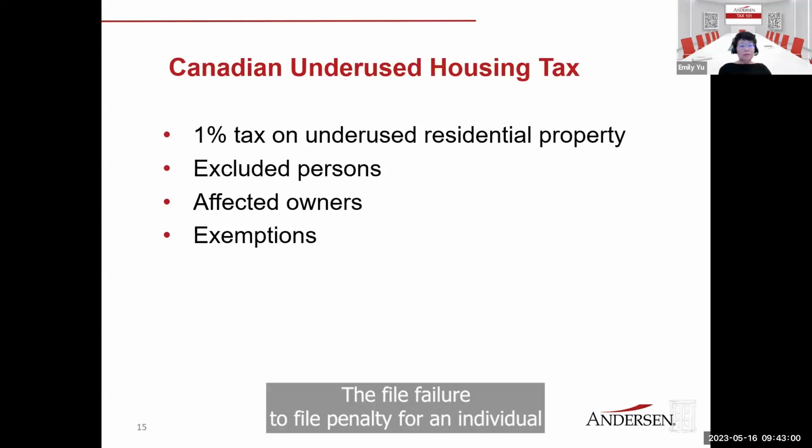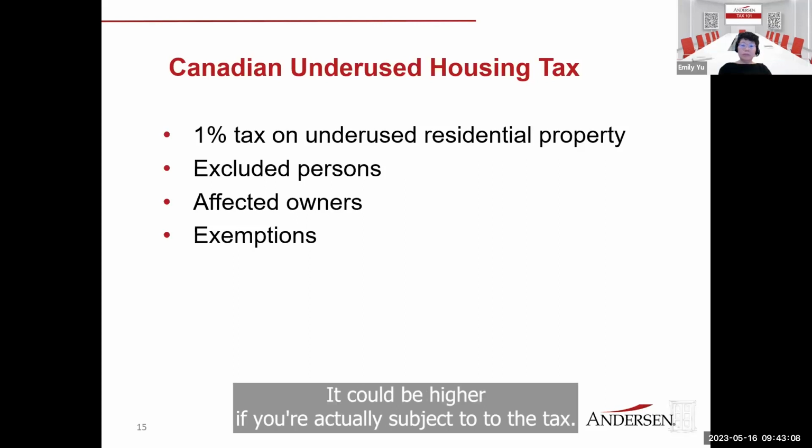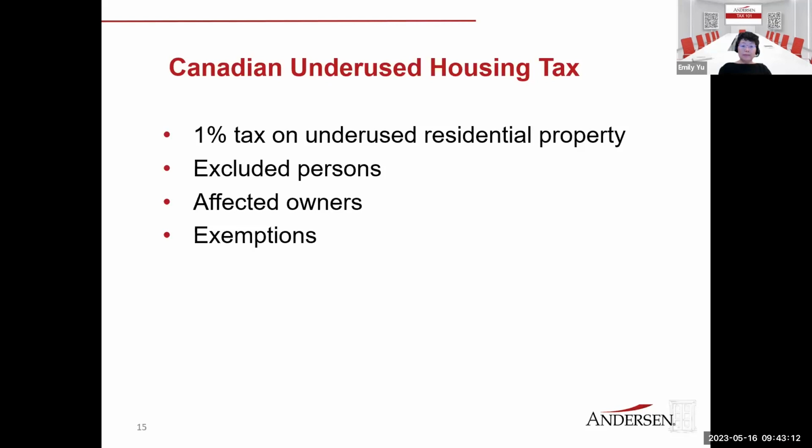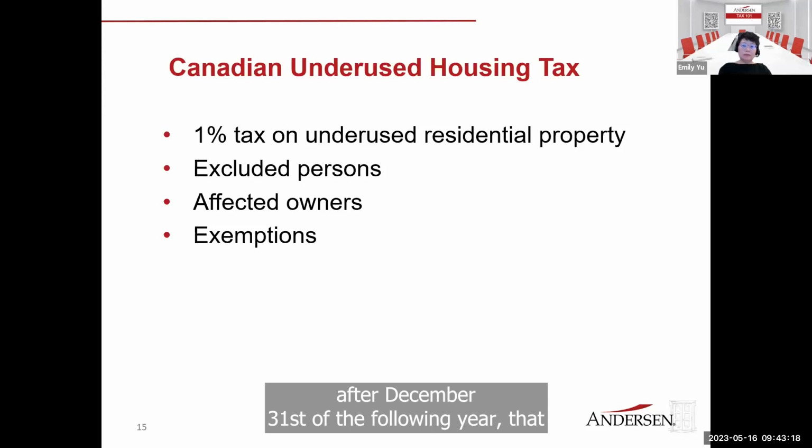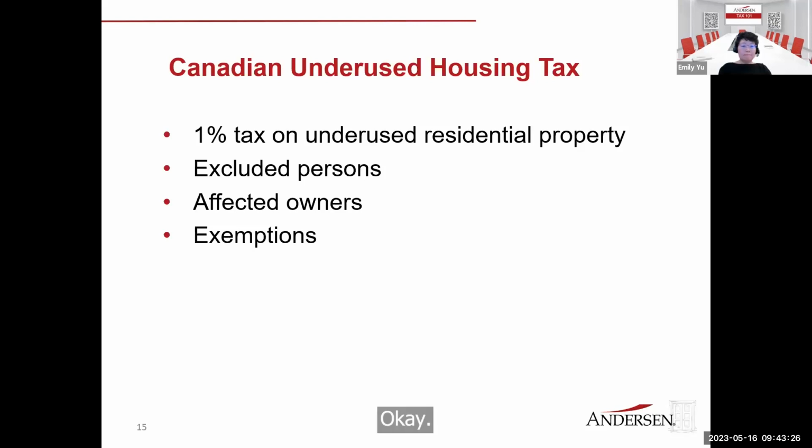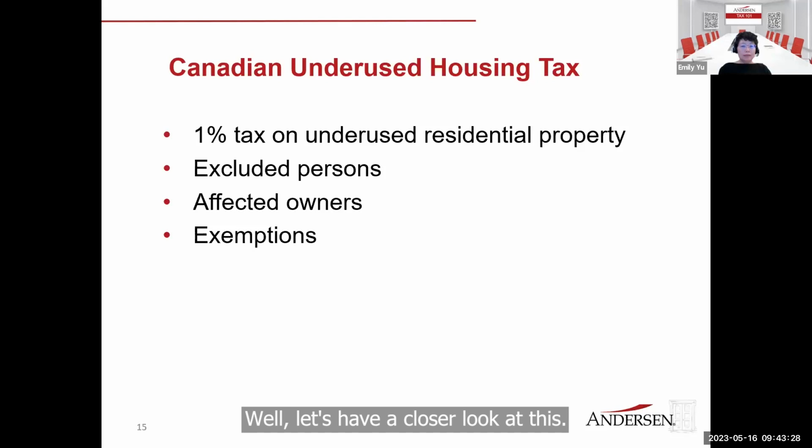The failure to file penalty for an individual is a minimum of $5,000 and $10,000 for a corporation. It could be higher if you're actually subject to this tax. Also, if the form is filed after December 31st of the following year, your exemption could be denied to some extent.